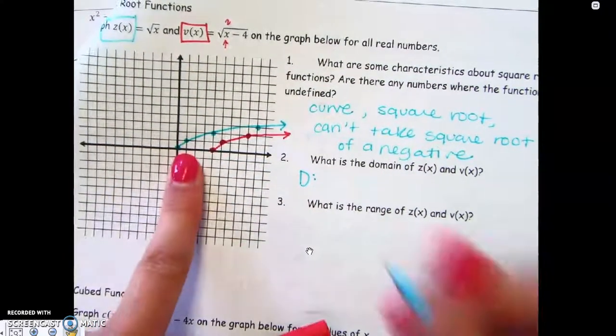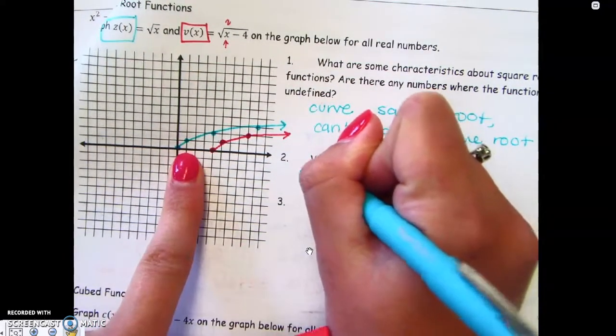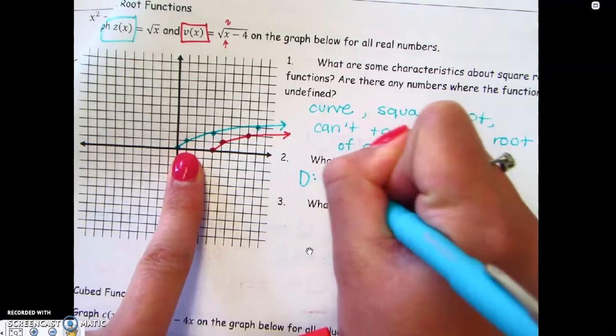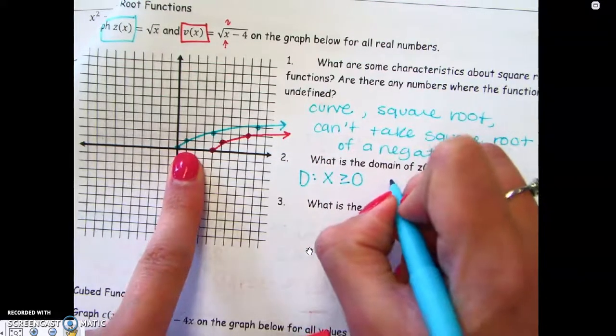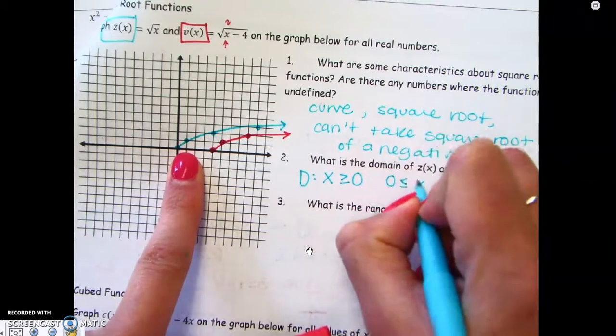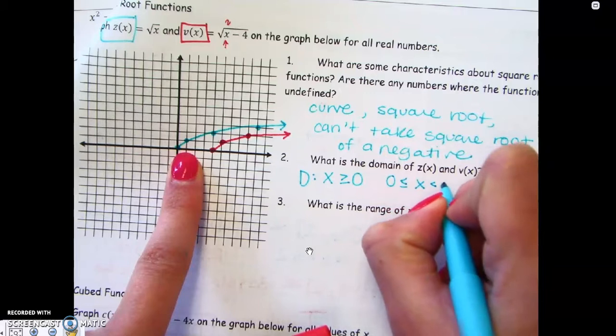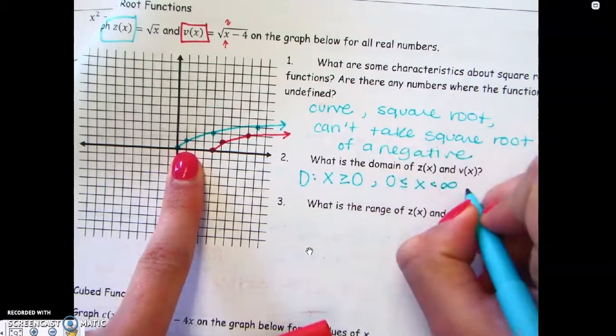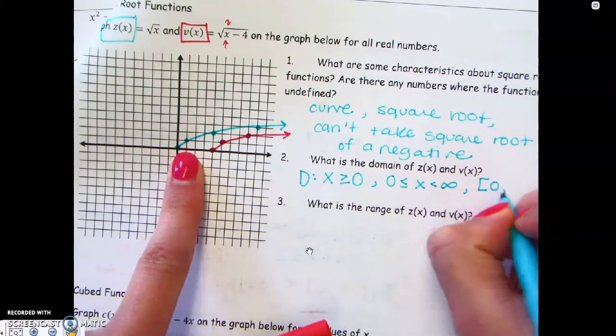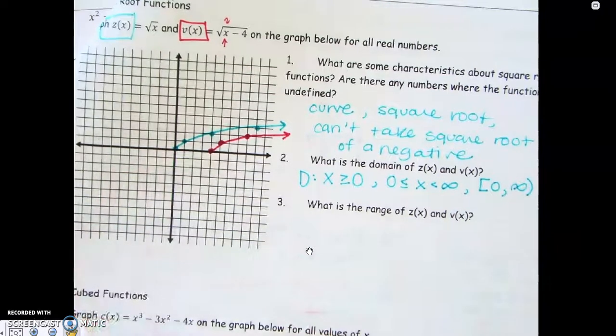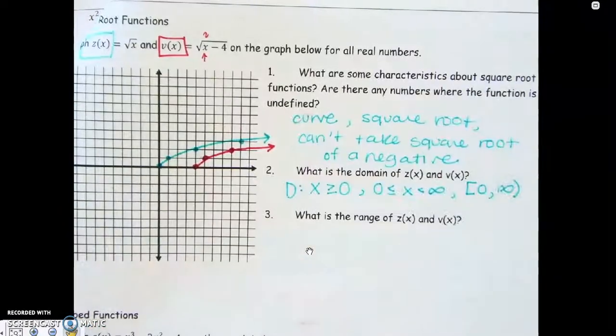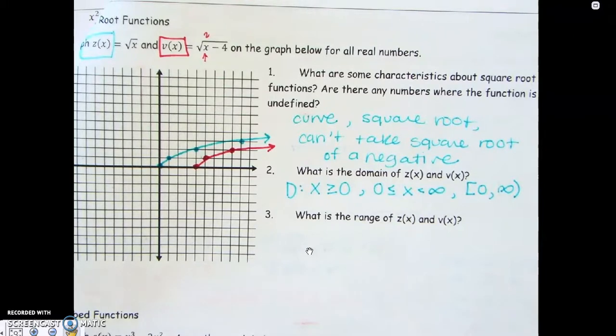Okay, so my domain, you could say x is greater than or equal to 0. You could write it as x is 0 to infinity, or you could write it using interval notation, 0 to infinity. So that's 3 ways you can write that domain, and that's of z of x.